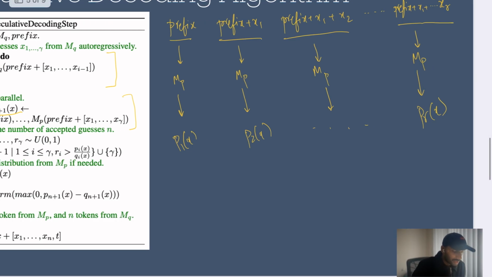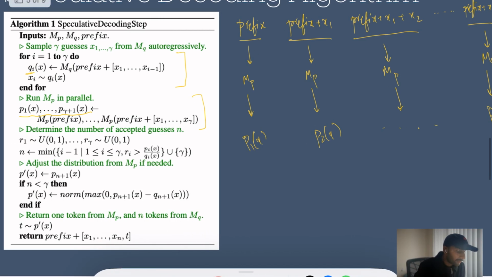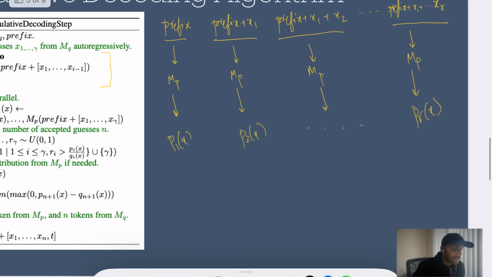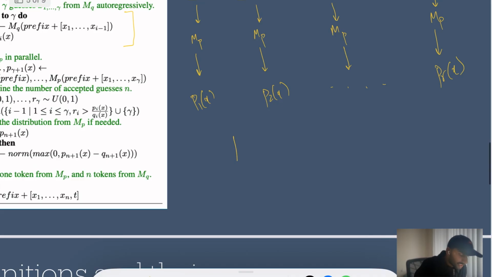Okay. And this might look a little daunting, to be able to run an LLM in parallel gamma number of times. But in modern transformer architectures, the way it plays out is that we concatenate the prefix with all the generated tokens from the approximation LLM.